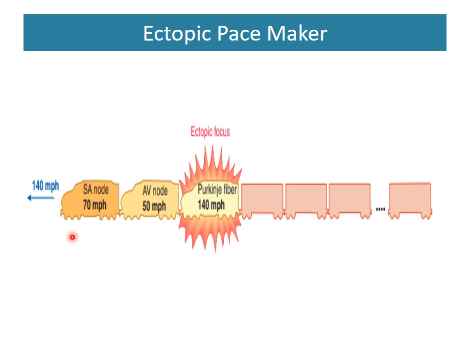The abnormal excited area is known as an ectopic focus and can initiate a premature action potential that spreads throughout the rest of the heart before the SA node can initiate its normal action potential.